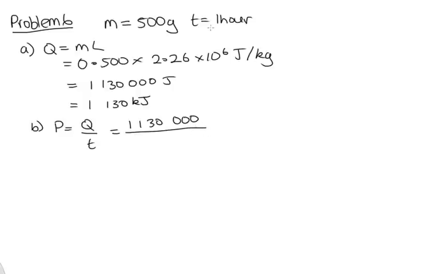Now the time is 1 hour, but to get the power in watts, we need the time in seconds. So in an hour, there is 60 minutes and then 60 seconds. So we divide by 60 twice. And so doing this on the calculator, we end up with 314 watts. And that is power which is lost by us because on a hot day, we're trying to lose energy.